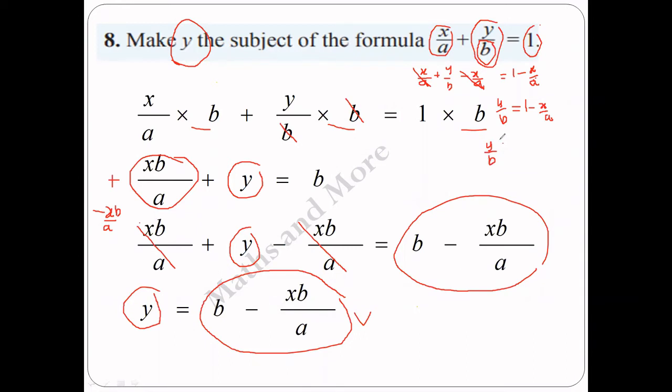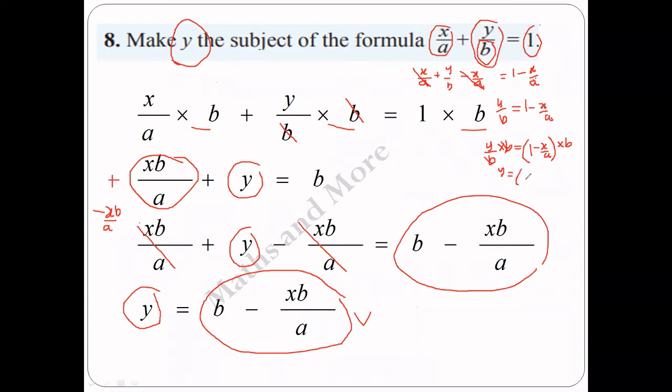So you can multiply by B. Not only the left, the right hand side also multiply by B. But when you multiply, don't forget to put brackets here, because there are two terms in the right hand side, 1 minus X over A. If you multiply this side by B, this side also multiply by B. Cut this B with this B, then Y will remain on the left.